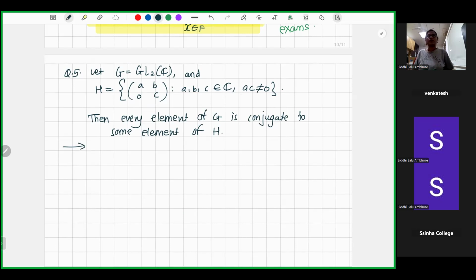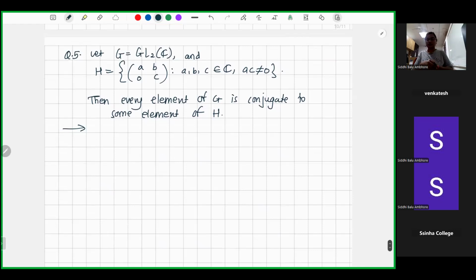What does this mean? So H is given, G is GL2(C), that is all the invertible 2 cross 2 matrices with entries from complex numbers. And H is these upper triangular matrices which are invertible because the determinant is non-zero.